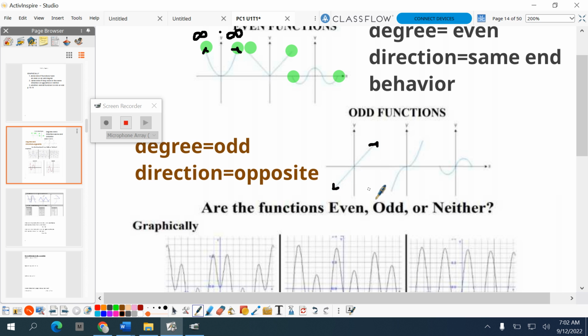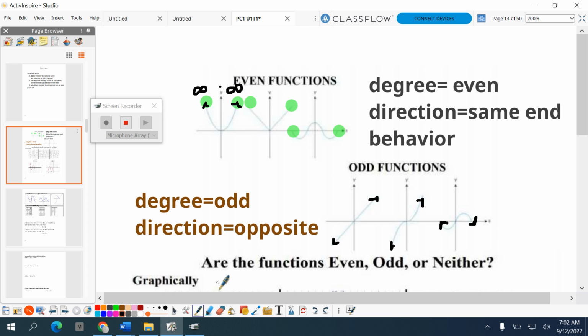And if you notice, these odd functions are not symmetrical about the y-axis. So that means I can't fold it in half. So let's write some characteristics here. I can't fold in half.